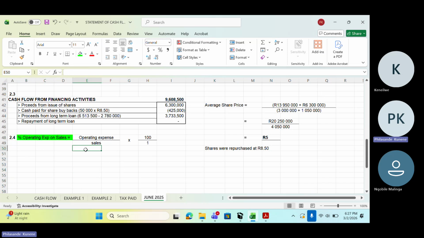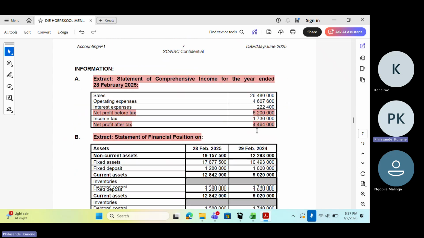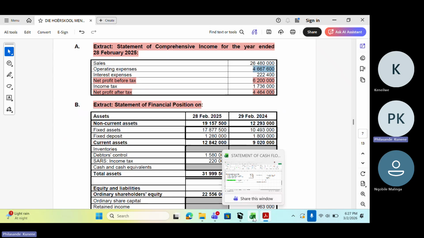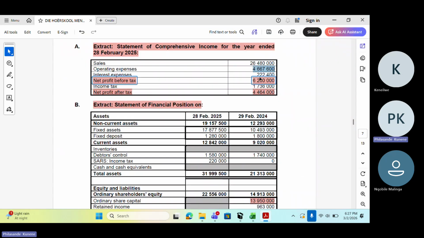So now we need to find out how much the operating expenses are. Let's go to our information. Operating expenses over sales. Let's go and check. If you look here, operating expenses, that is 4,667,600. That is my operating expenses. Over sales, how much sales do we have there?